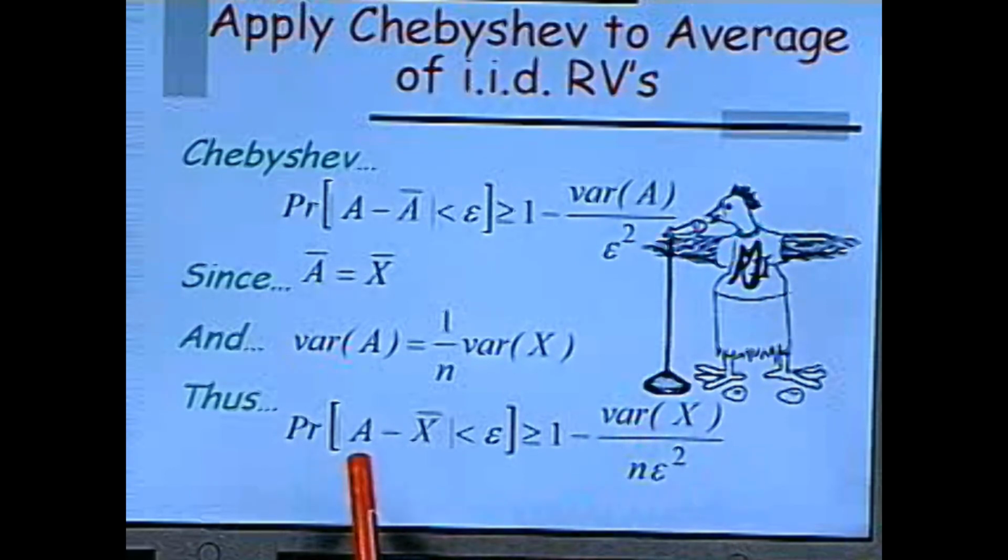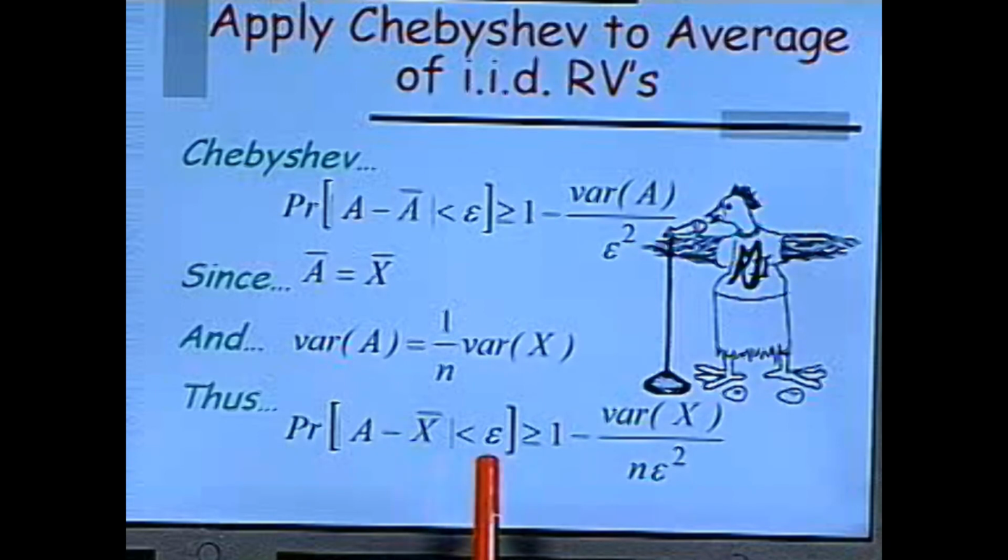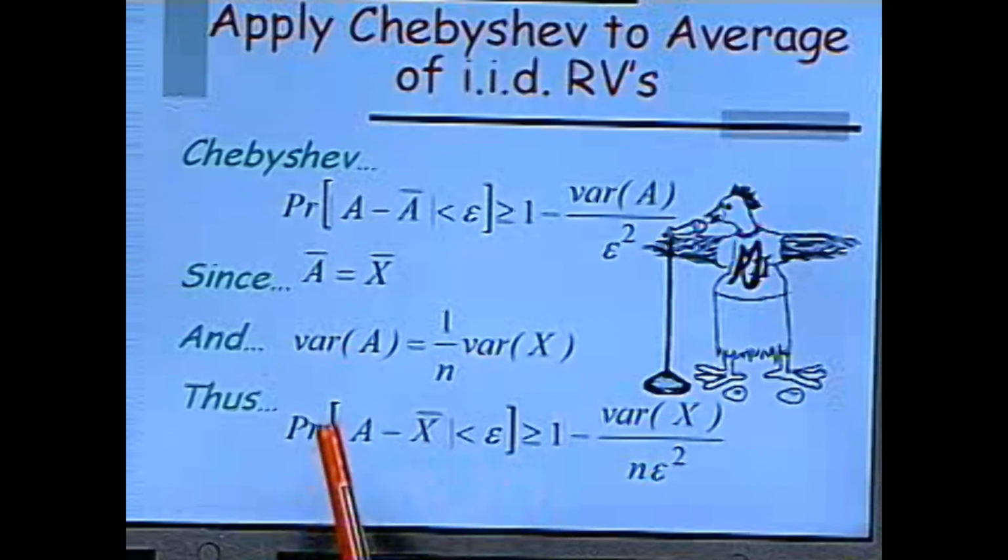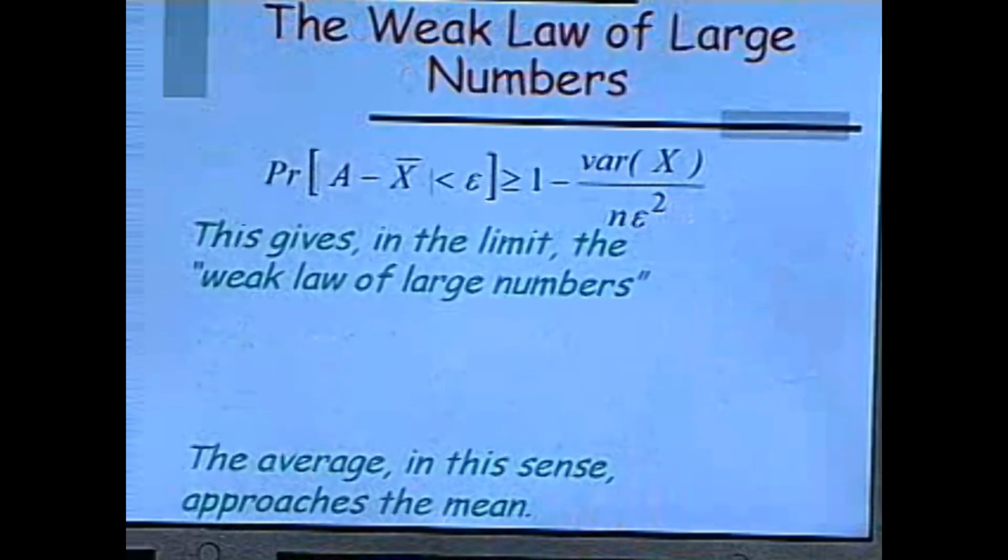So the probability that your average goes to your mean in any interval is greater than or equal to 1. That's pretty good, right? Clearly that means it's equal to 1. This means you converge in a way called convergence in probability to the average being equal to the mean. It's not that the average is equal to the mean. It's equal to the mean in this sense, in this piece of math.